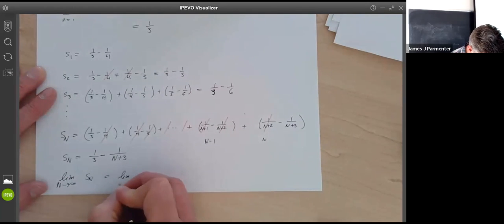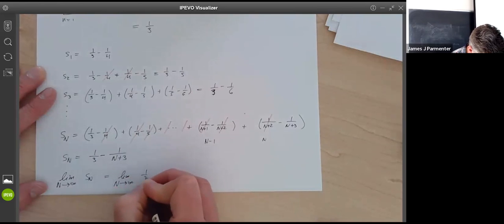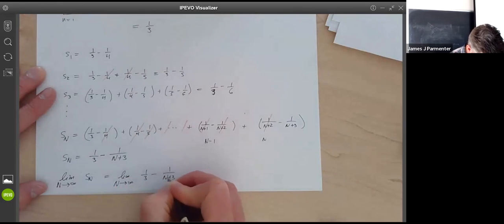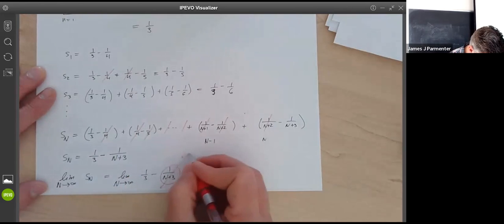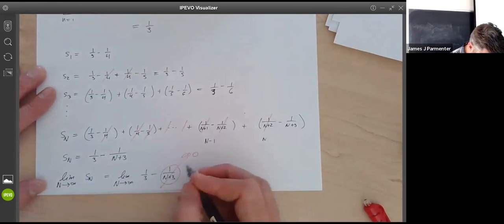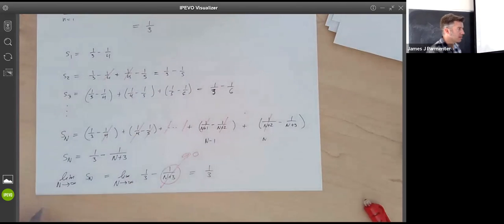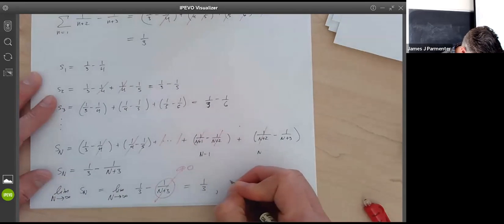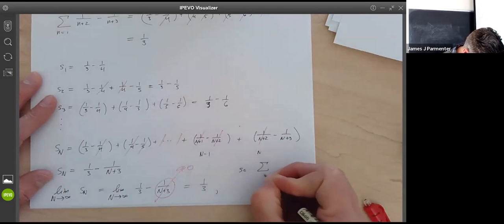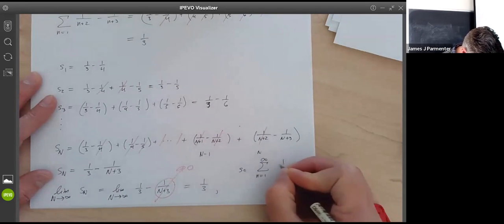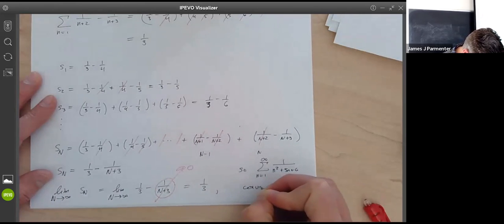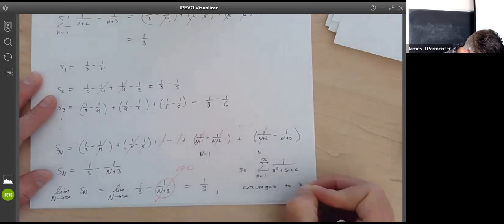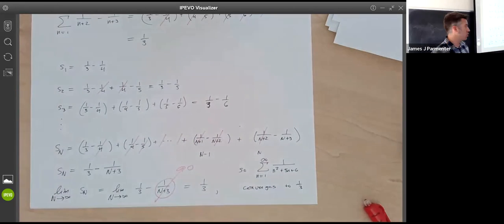It's the limit as n goes to infinity of 1/3 minus 1 over n plus 3, and this part's definitely going to go to 0. So we get 1/3, which shows us that this series, the sum from n equals 1 to infinity of 1 over n squared plus 5n plus 6, converges to 1/3. Although the shorter way to write that would just be to say it's equal to 1/3.